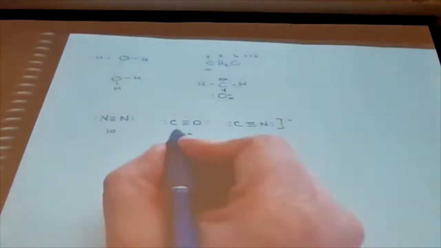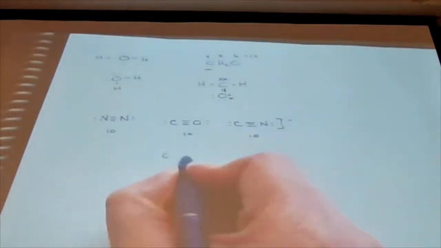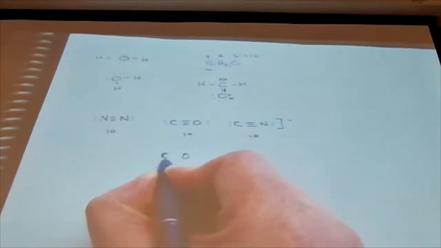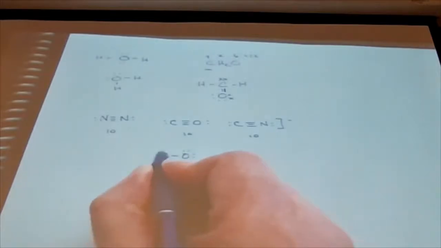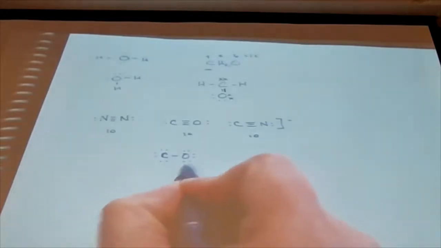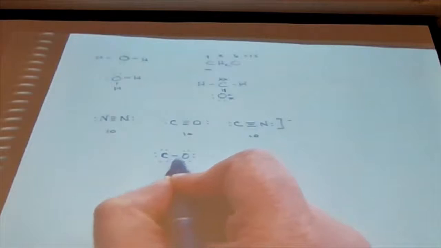Let's take a look at carbon monoxide. With 10 electrons, I start with carbon and oxygen and complete the octet. I count 2, 4, 6, 8, 10, 12, and this line is 2 more. So I have 14. That's too many electrons.